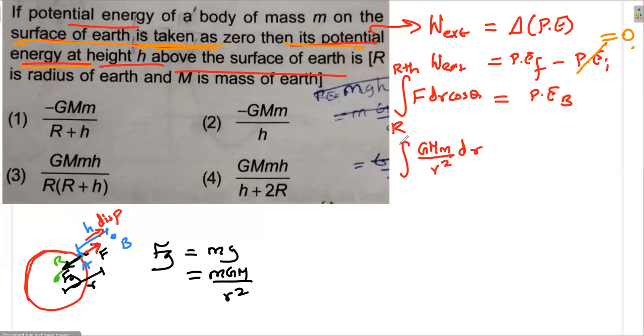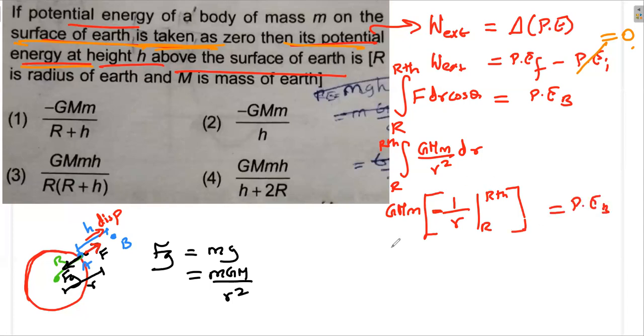Let's do the integration. r from R to R plus h. GMm will come out, and 1 by r square integrates to minus 1 by r, with limits R to R plus h. This is what I need, the potential energy at B: upper limit minus lower limit.